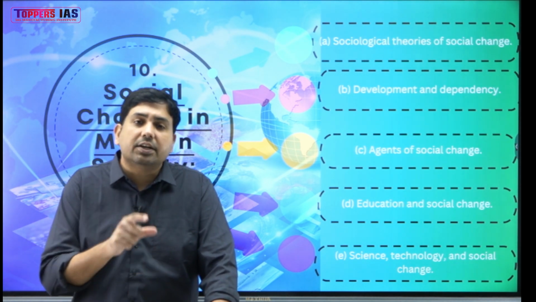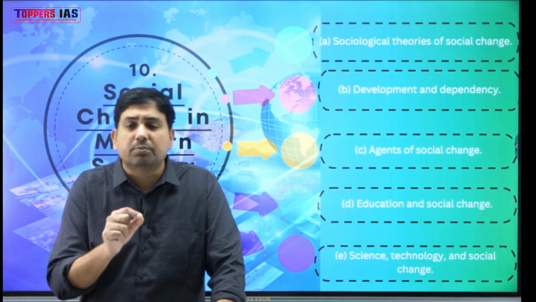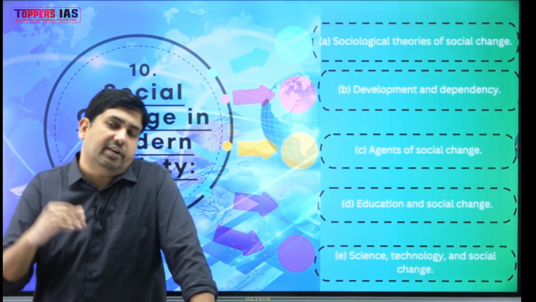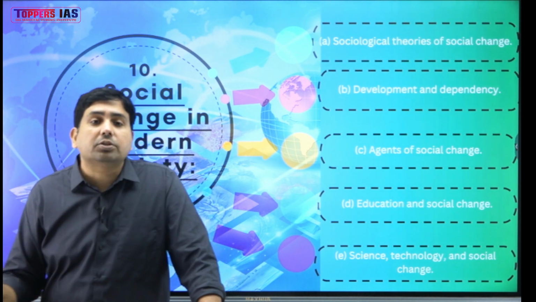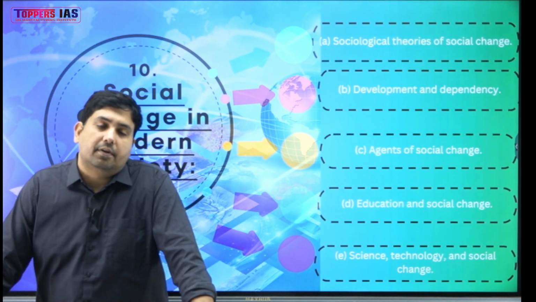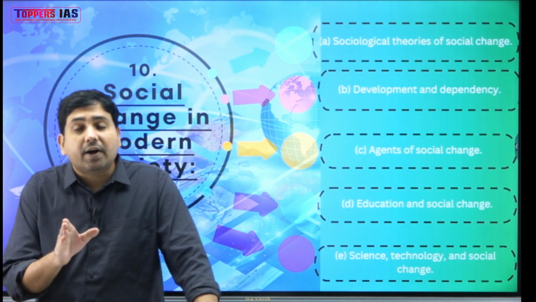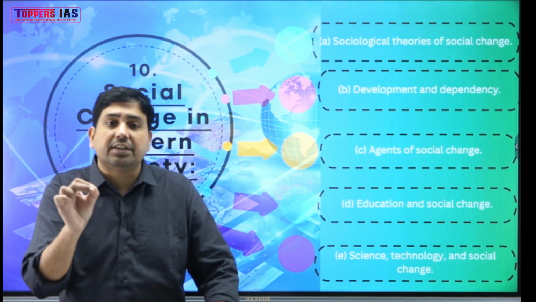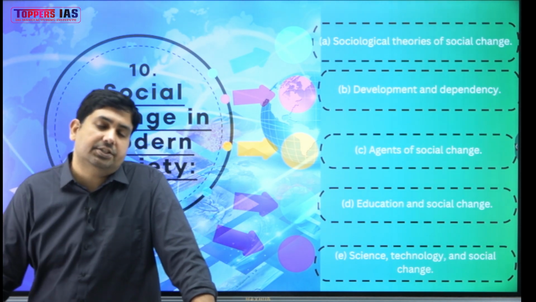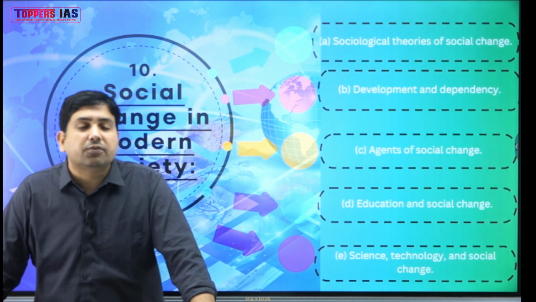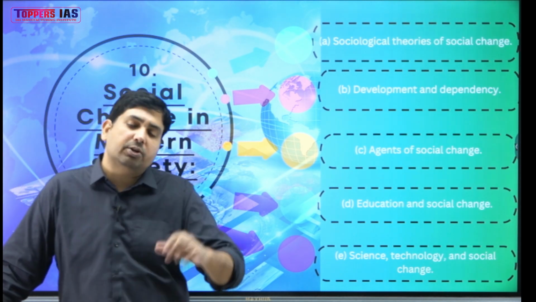A theory of social change tries to explain social change in a general way, how change occurs over time in society, and it also identifies the source of change, meaning the cause of change, and the process of change. For example, there is the evolutionary theory of change.